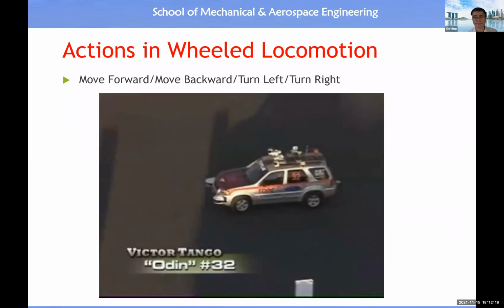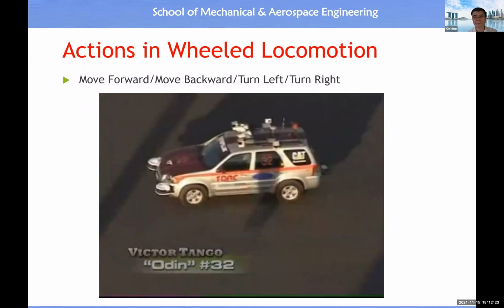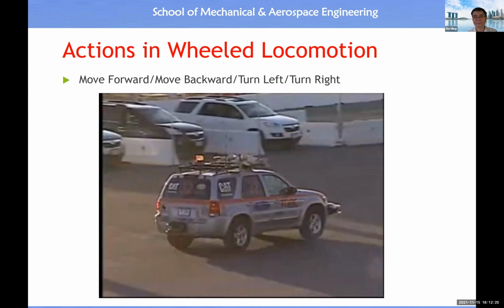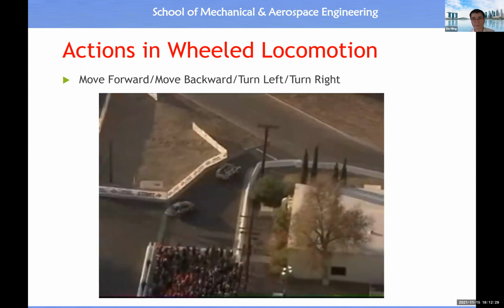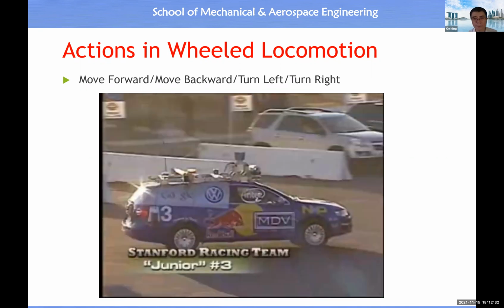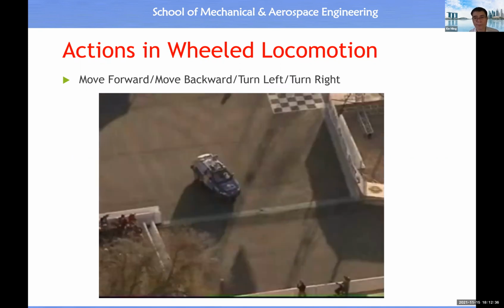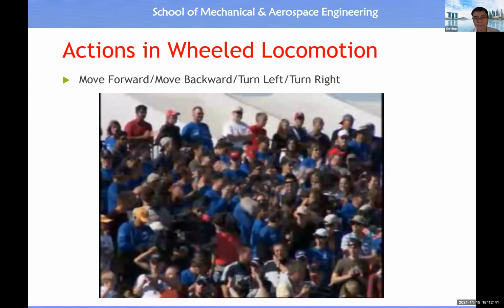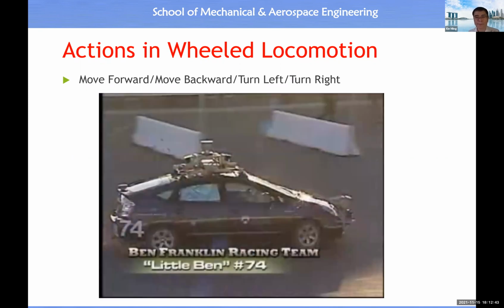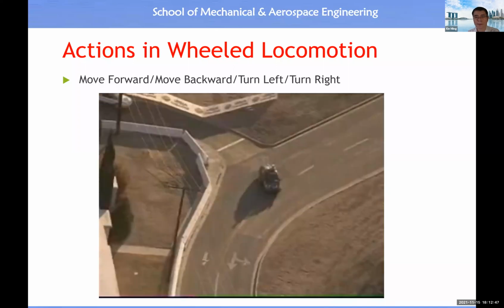From Blacksburg, Virginia, Odin from Victor Tango's team number 32. Number 3 on the south end of the free zone from Stanford, California, diesel-powered Volkswagen Passat station wagon. Junior from Philadelphia, PA. Ben Franklin Racing Team, bot number 74, Little Van. Bot number 79 from MIT. As follows.